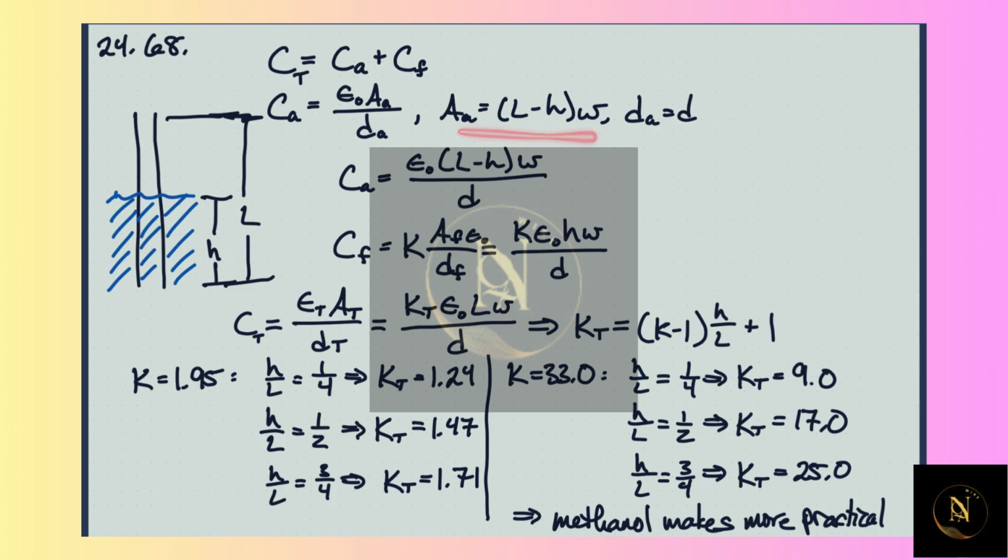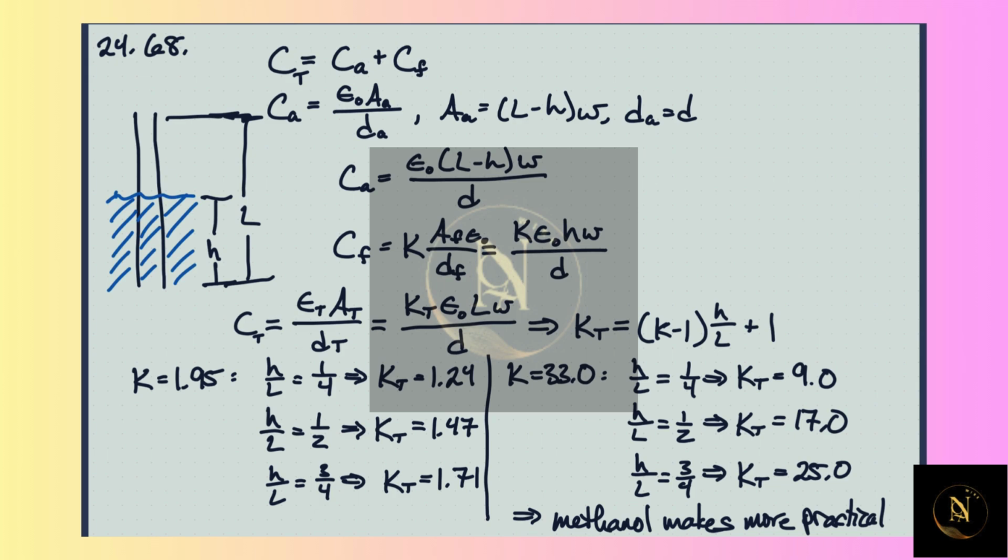We have a width W here that's going to drop out, so the area is (L minus H) times W. So the capacitance of this part is the permittivity of free space times (L minus H) times W, divided by d.